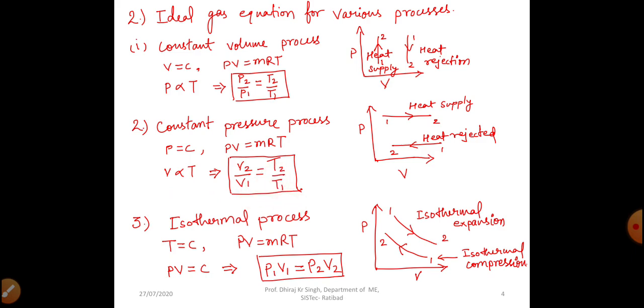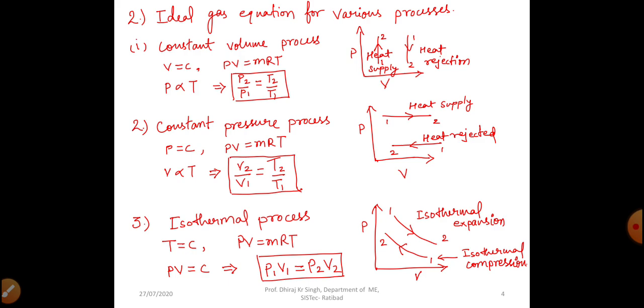Now move to the isothermal process. In this graph we can see 1 to 2 is isothermal expansion and here 1 to 2 is isothermal compression.